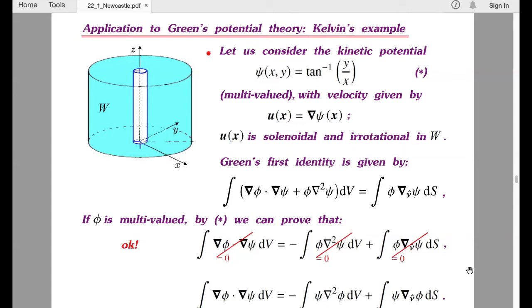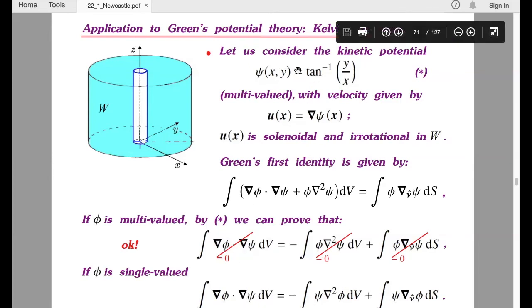But what about the alternative expression for Green's first identity? If psi is multi-valued, you see this is the gradient of a multi-valued function, and these are all zeros. But what about if phi is single valued? If phi is single valued, well, this term is 0 because the grad of phi is 0.